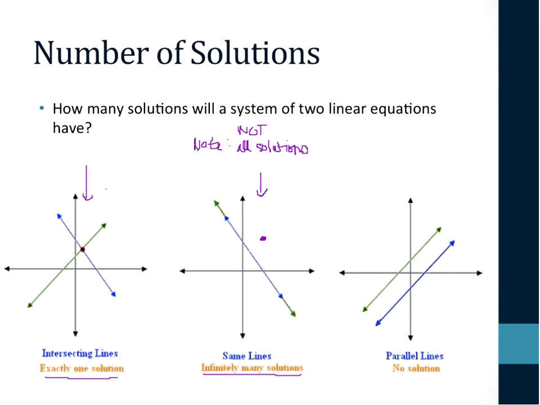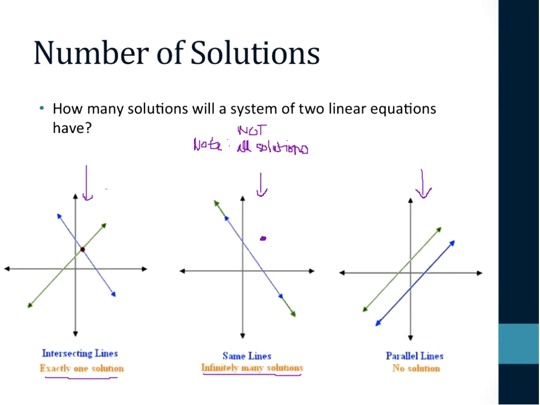The last option for the number of solutions is parallel lines. Parallel lines, we know, have the same slope but different y-intercepts. Because of that, we can think about those two lines going on and on forever, and they're never going to intersect. In a two-dimensional world, those lines are never going to intersect.